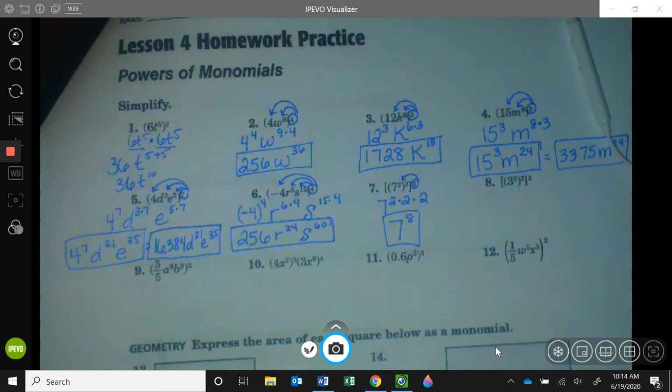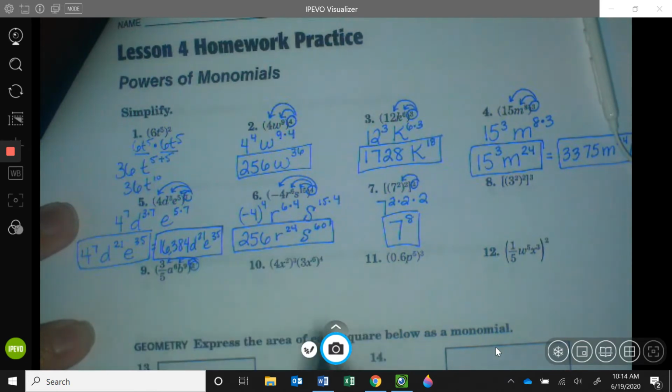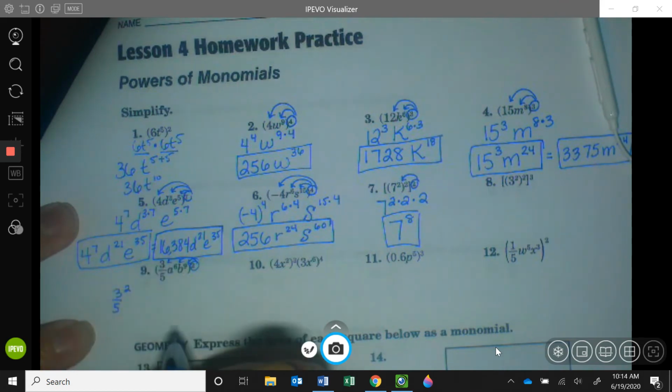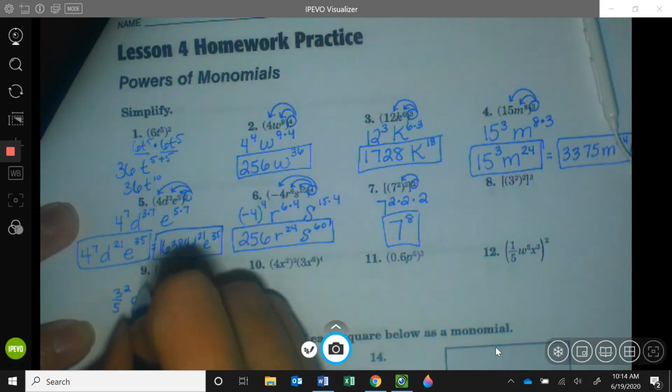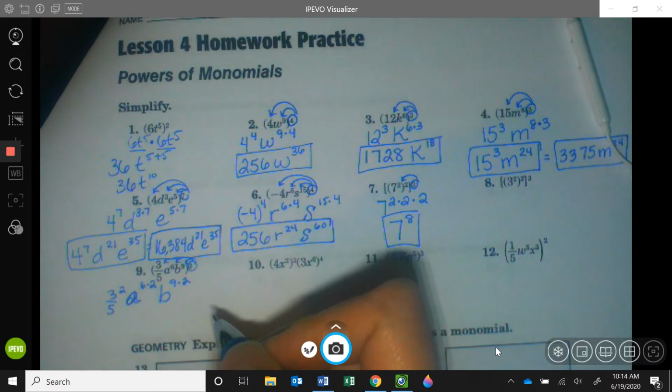Let's look at number 9. This 2 is going to distribute to the 3/5, to the A, and to the B. So we get 3/5 to the 2nd power, A to the 6 times 2, and B to the 9 times 2.